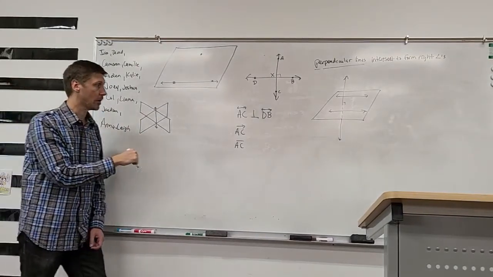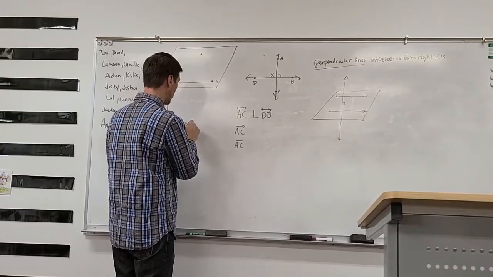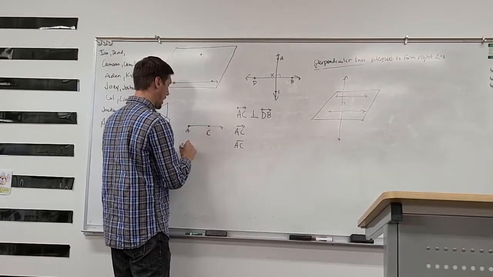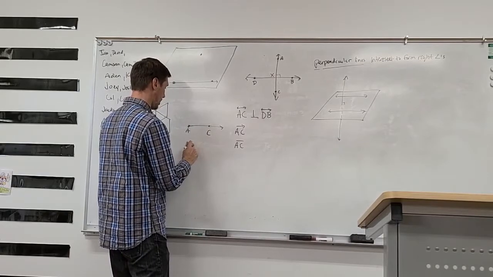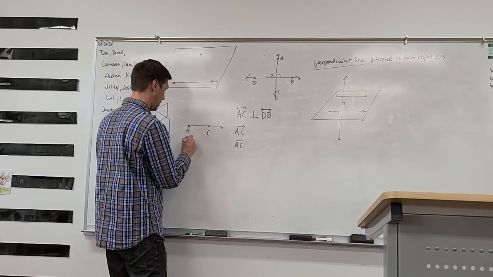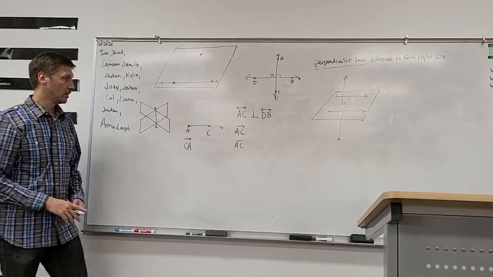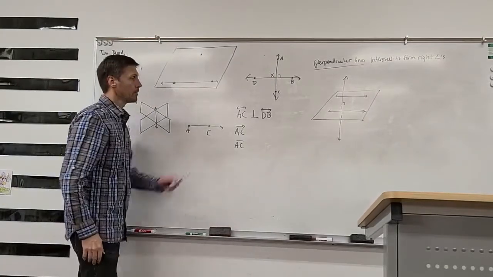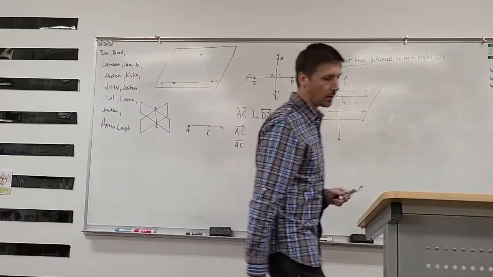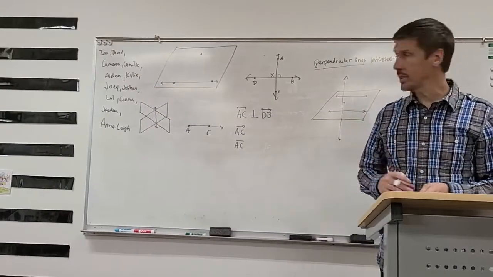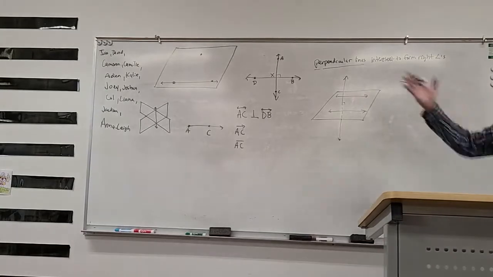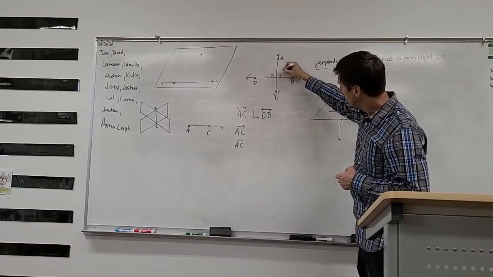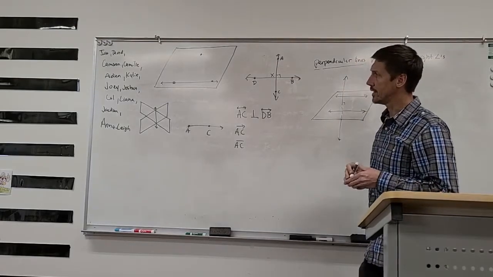If this is A and this is C, I couldn't write that as CA, because the endpoint is A. But lines and line segments, you can flip the letters around. The statement is that AC is perpendicular to DB, and we agree, because the little box there signifies that it's 90 degrees.